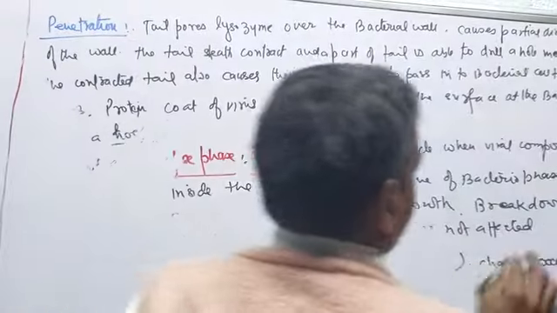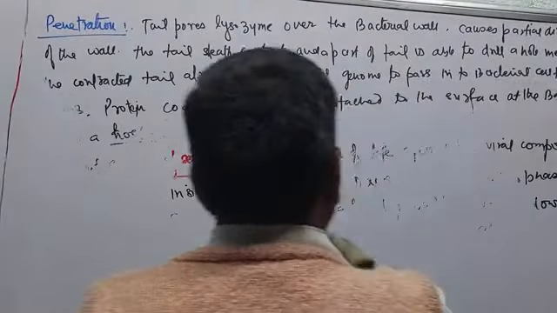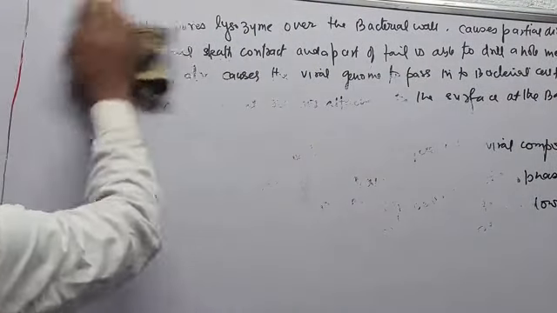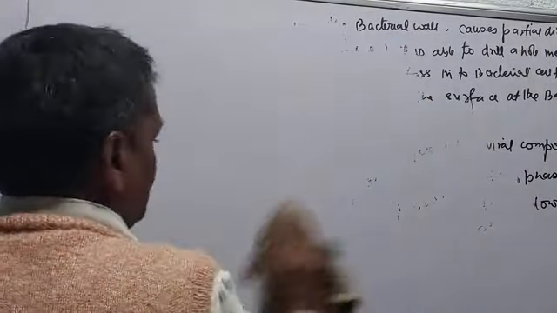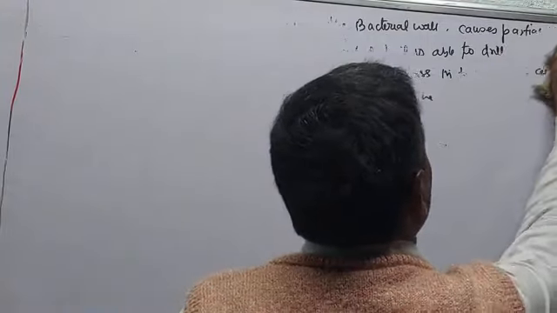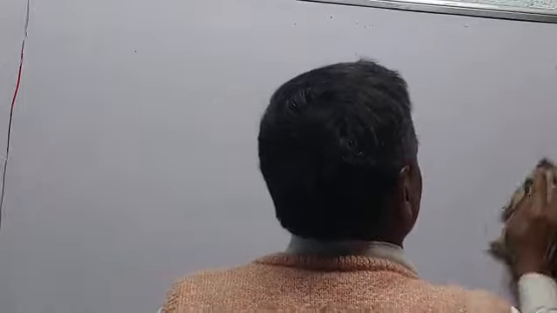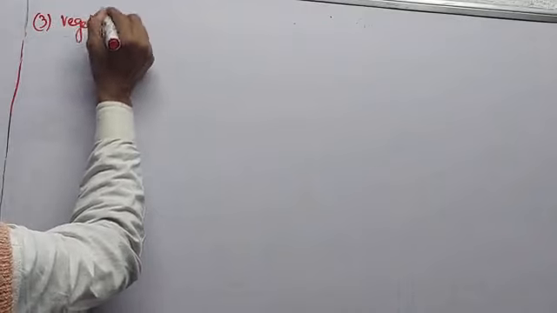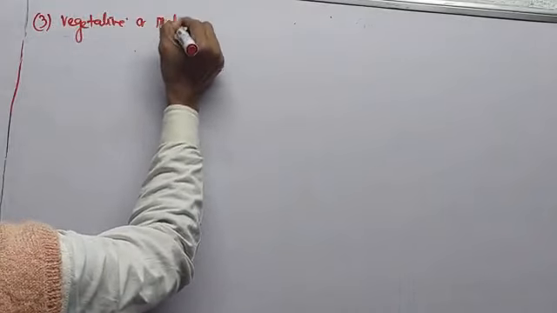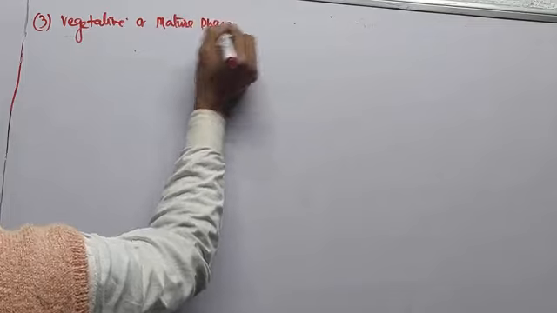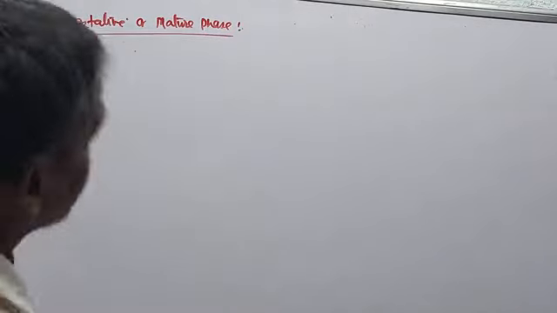The third stage of the lytic life cycle of bacteriophage is the vegetative or mature phase. It has 3 steps.